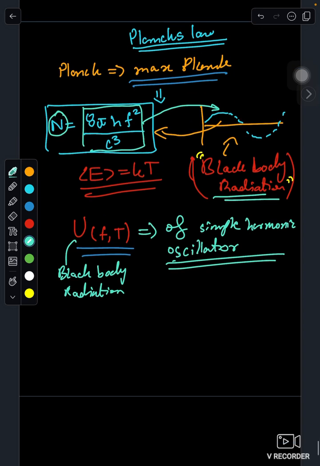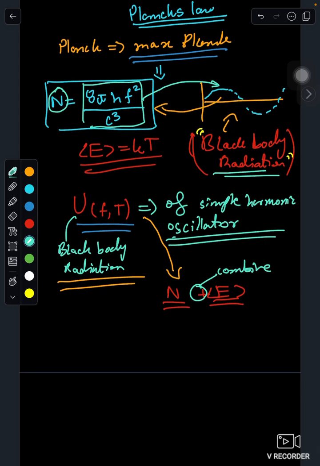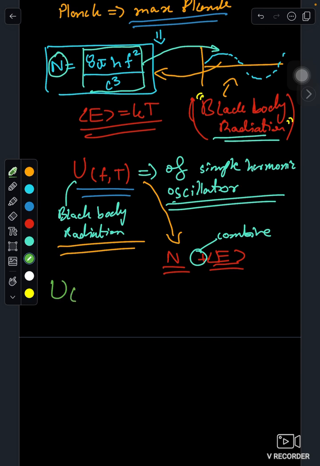To get this, we just combine n, the mode, with energy. When we combine them, we get U, the black body radiation in terms of frequency, as 8 pi h, where h is Planck's constant, frequency squared over c cubed.